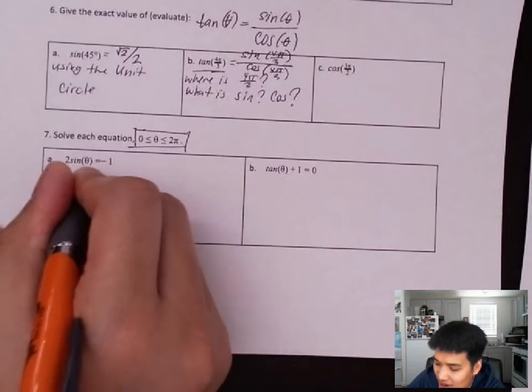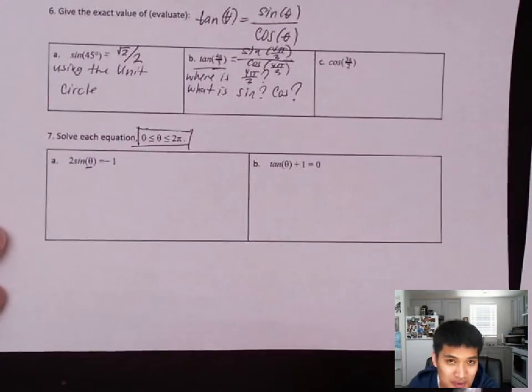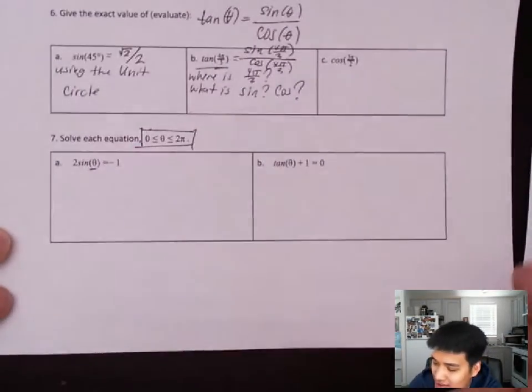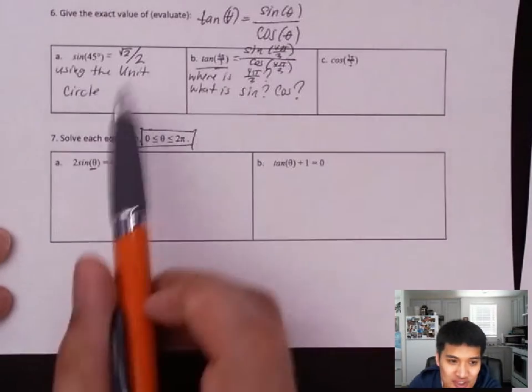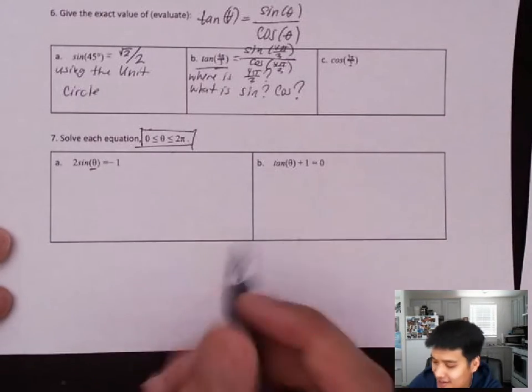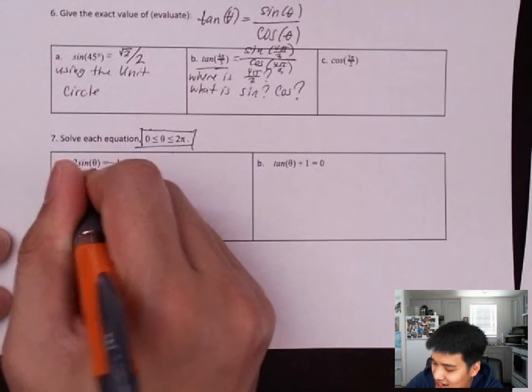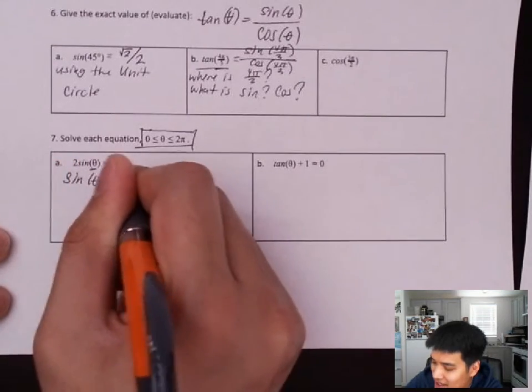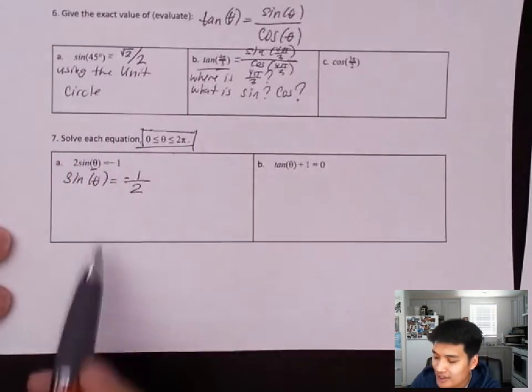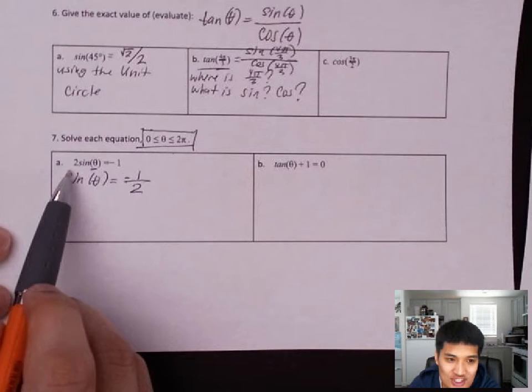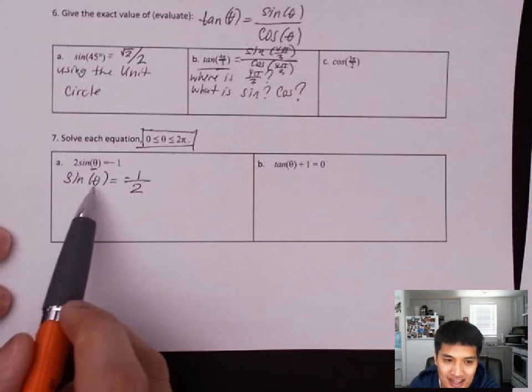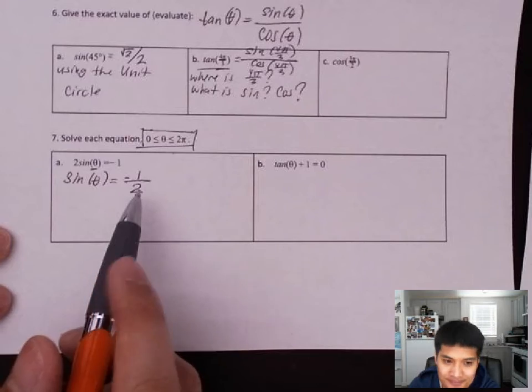So for us to find theta, there are actually multiple ways we can do it. But the first step is always to isolate sine theta. So in this case, we have sine theta is equal to -1/2, because all I did was divide by 2 on both sides. Therefore, sine theta should be equal to -1/2.